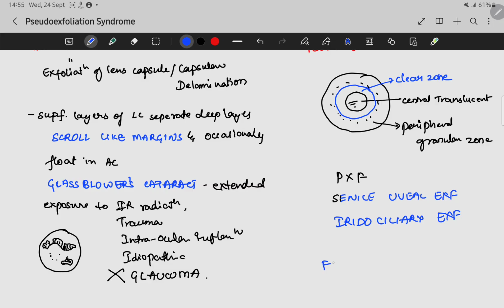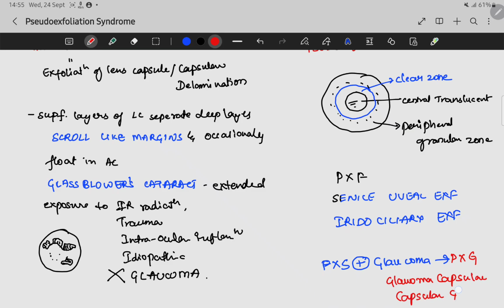So this pseudoexfoliation syndrome, that is the systemic one, along with glaucoma, is called pseudoexfoliation glaucoma or glaucoma capsulare or capsular glaucoma.